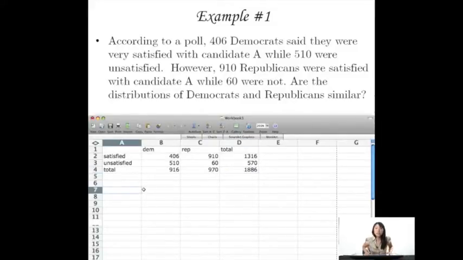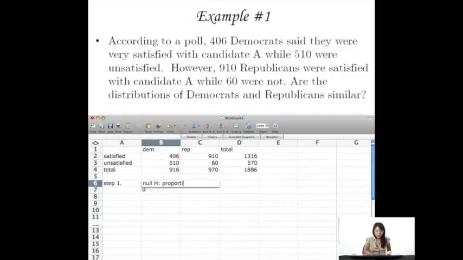And now I could start on my hypothesis testing. So first things first, step 1. Our null hypothesis should say something like this: that the proportions of satisfied and unsatisfied people, I guess, adults, for Democrats should be the same as for Republicans.